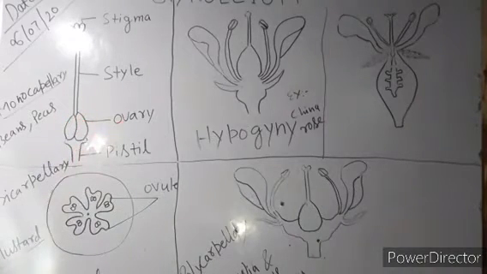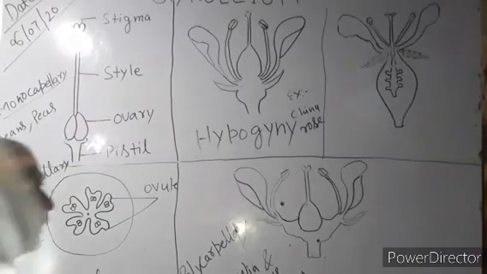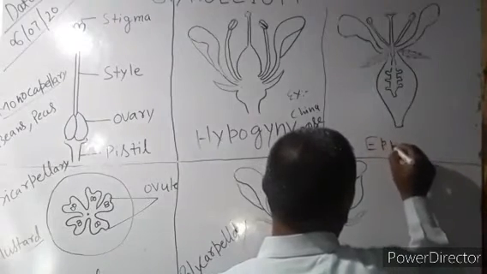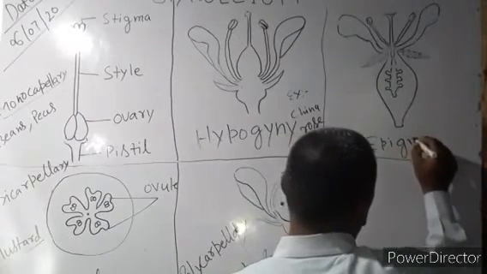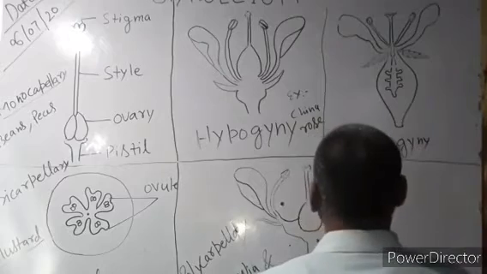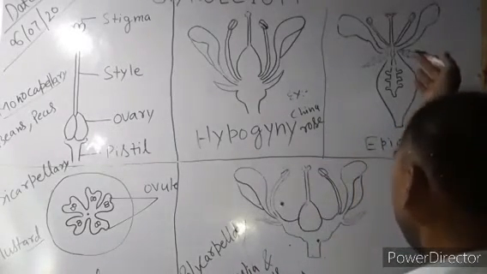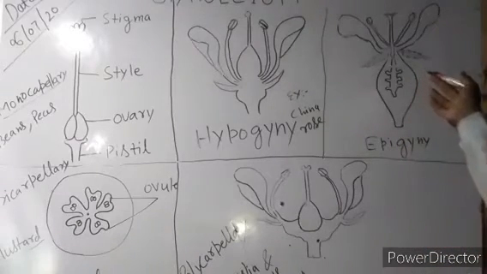Now the second position of the ovary is the epigyny condition. Okay, epigyny, you can see the epigynous condition. In the epigyny condition, the figure indicates everything.